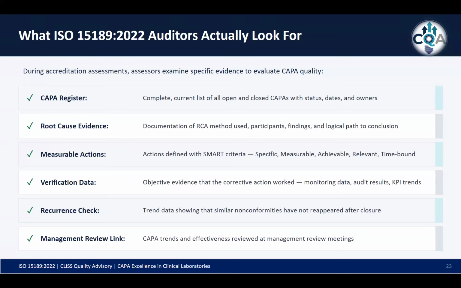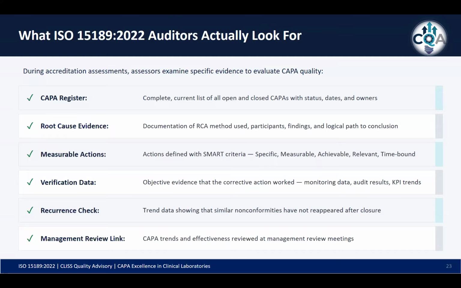They are also looking for root cause analysis evidence. They're looking for measurable actions defined with SMART criteria: specific, measurable, achievable, relevant, and time-bound. Verification data should be in file, showing objective evidence that the corrective action you implemented actually worked.